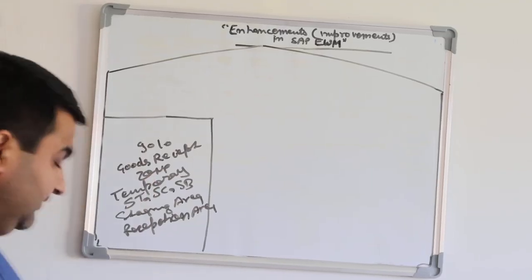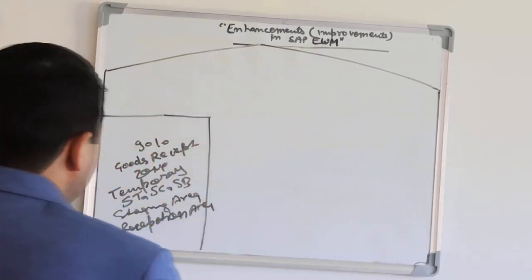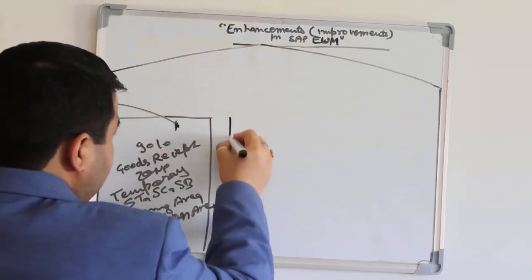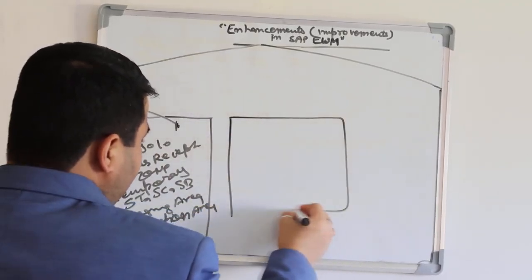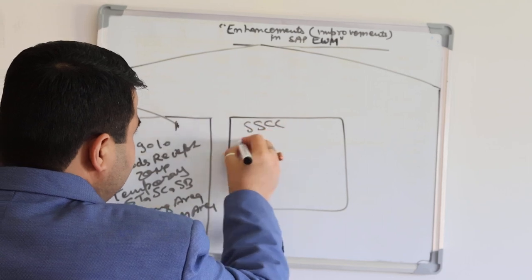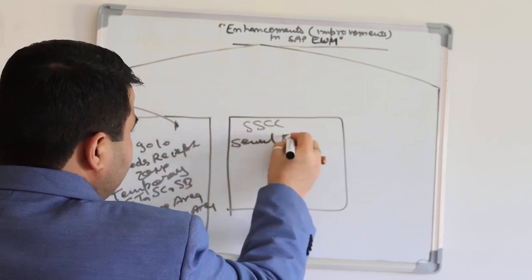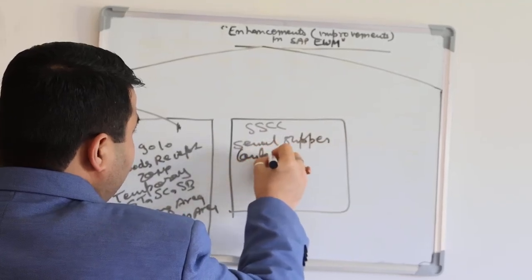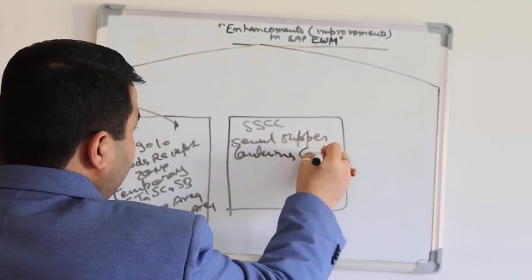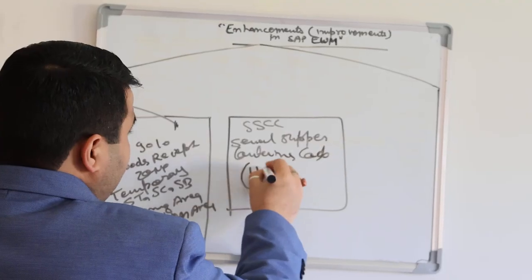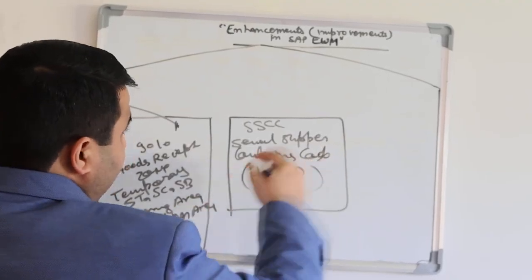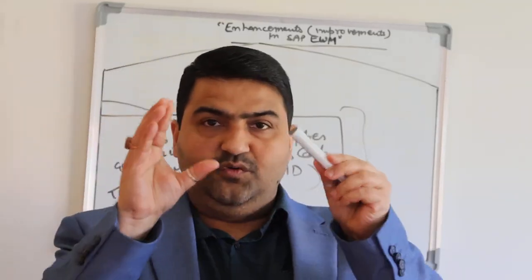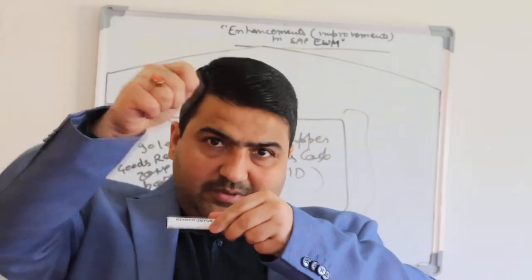So when we receive the product in our warehouse, we receive it like this with the HU and SSCC, serial shipper container code, which is nothing but a HUID, because this is a container. A box is nothing but a container. If you buy new shoes, you will open the box.